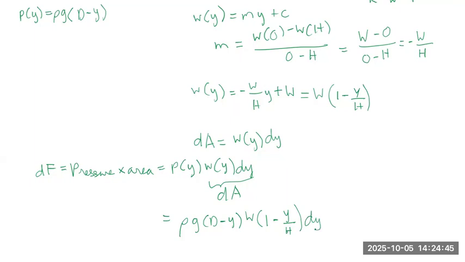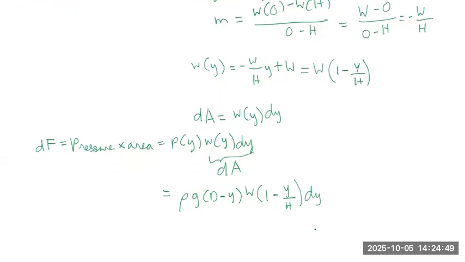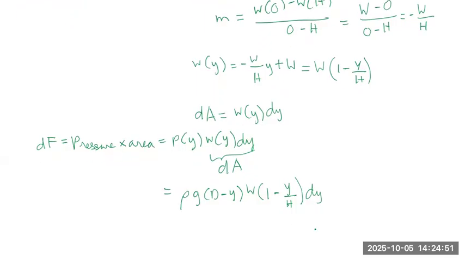And basically, since the total hydrostatic moment M is equal to force times the arm length, in a general form, the sum of the moment across the surface of the triangular gate is equal to the integral of y times dF.